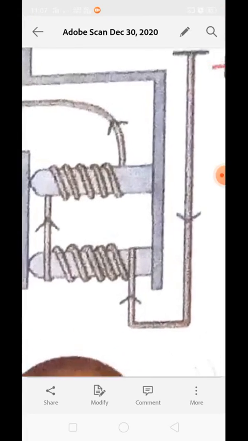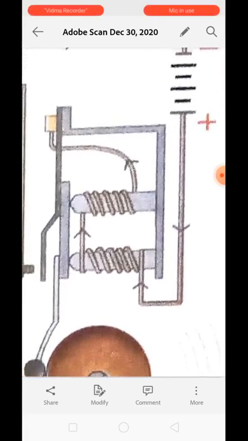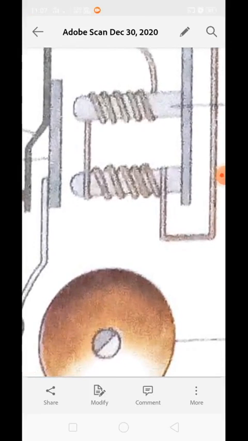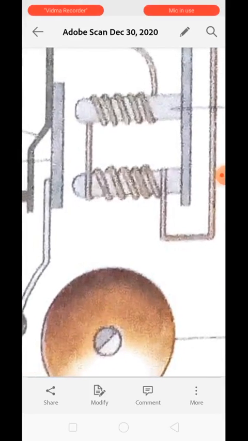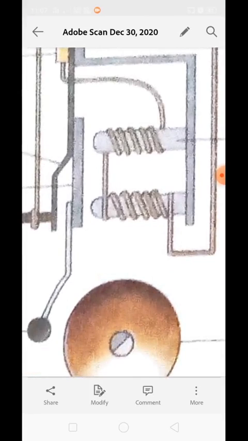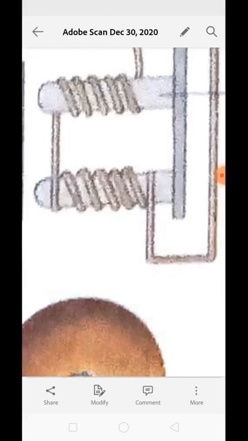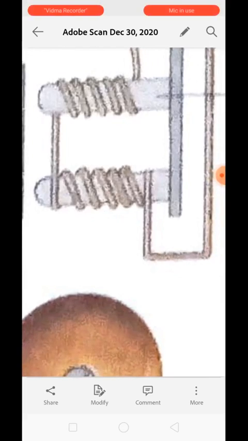Whenever the push button is on, the current will flow and this U-shaped electromagnet will behave as a magnet, because the magnetic property of this U-shaped is based on the availability of current.